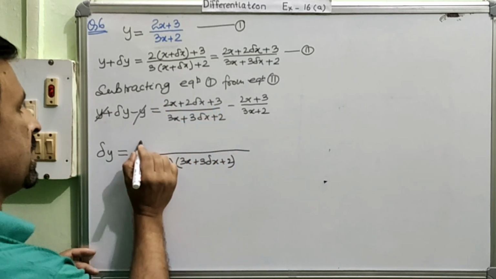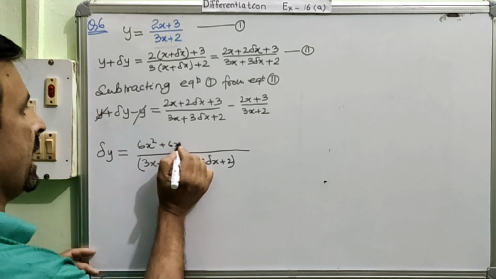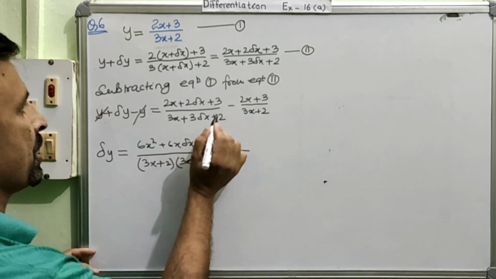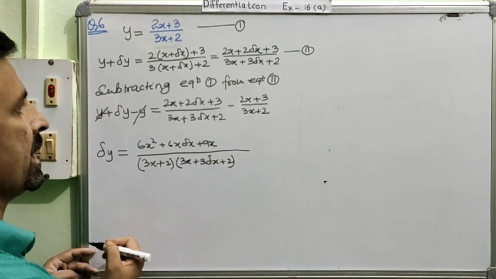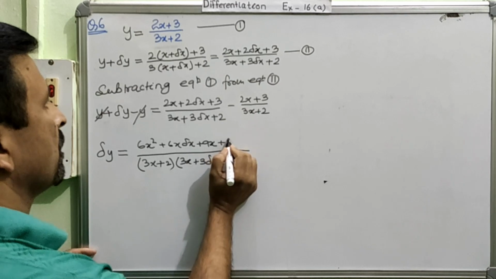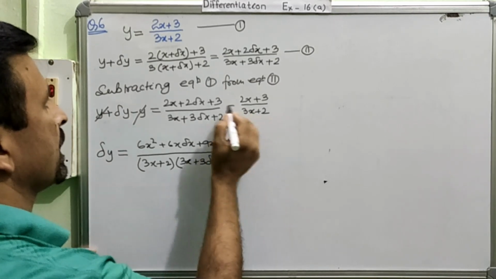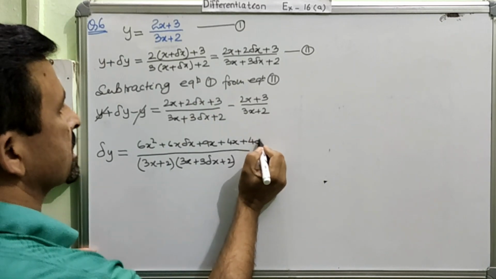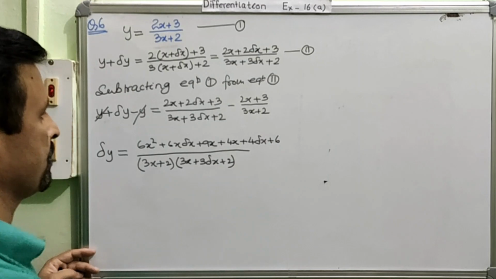So this is 6x² + 6xΔx and then + 9x. Clear? Now with 2. So + 4x + 4Δx and + 6.